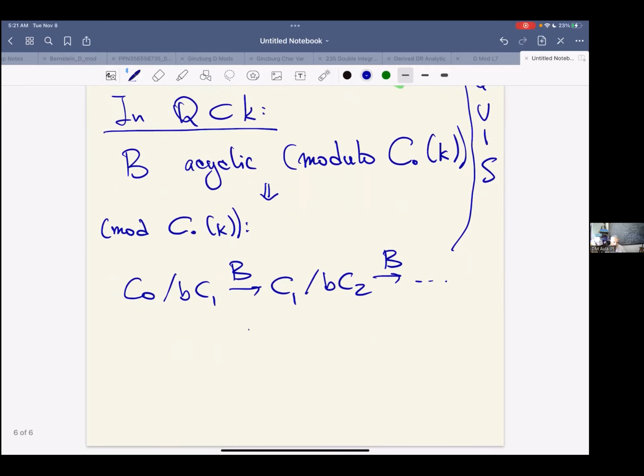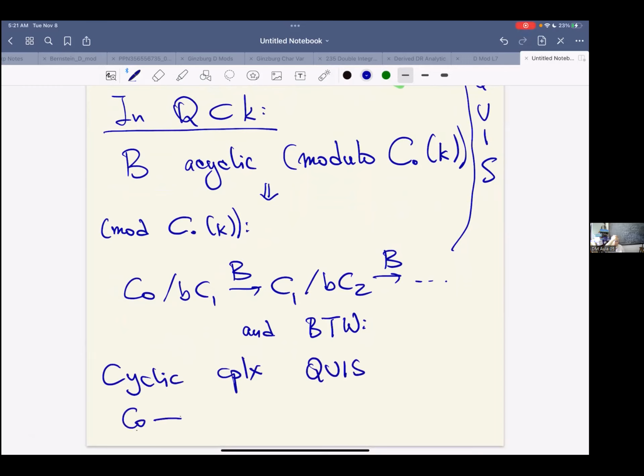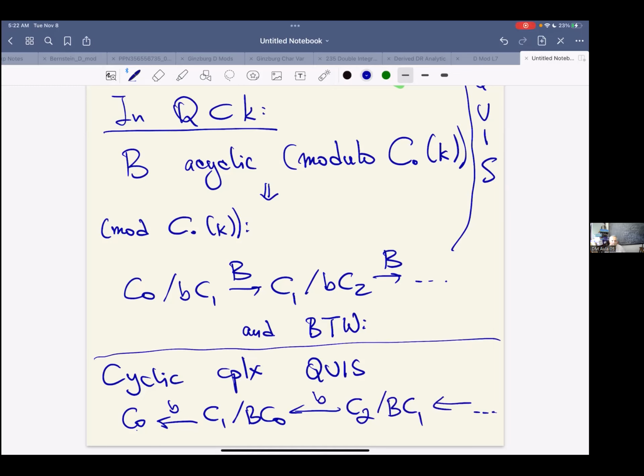And by the way, the cyclic complex, again in characteristic 0, is quasi-isomorphic to this modulo scalars.